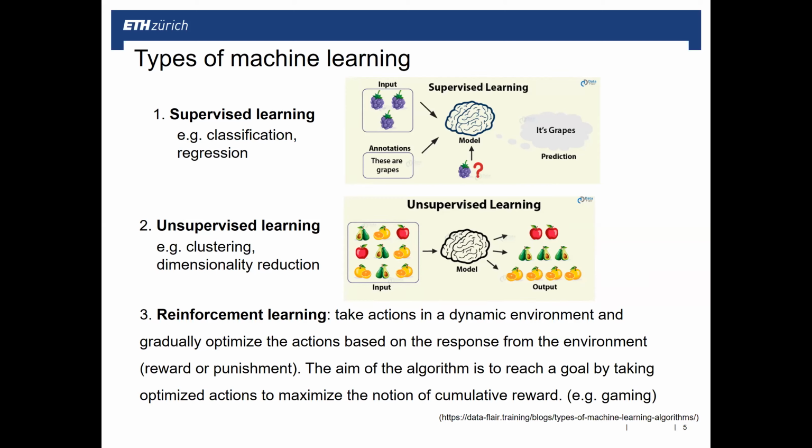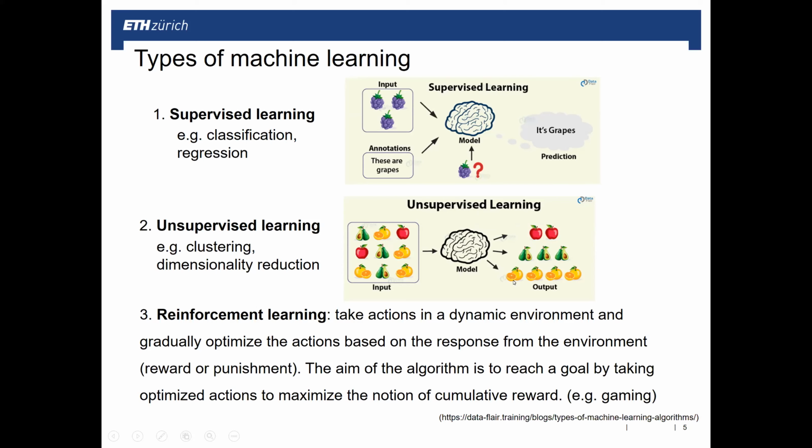Another type is unsupervised learning. This means that we don't give an output for any input. We just put all different kinds of input data into the machine, and we don't tell it this is an apple, this is a pear. But the machine will learn from this data and categorize the fruit. So the apples will stay together, the pears or avocados stay together, and the oranges stay together.